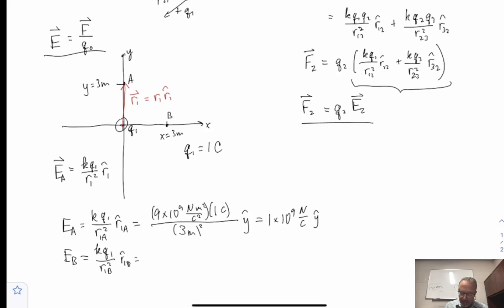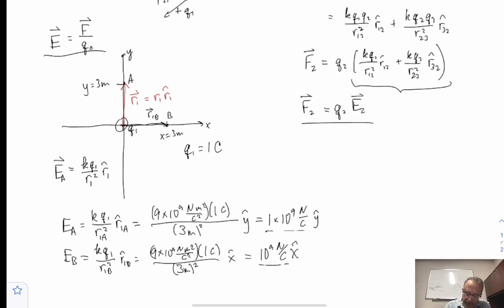It's 9 times 10 to the 9 Newton meter squared per coulomb squared, times 1 coulomb divided by the same distance, 3 meters squared. The only difference is the direction. The vector from 1 to B, R1B, is in the x hat direction. And so this will be 10 to the 9 newtons per coulomb x hat.